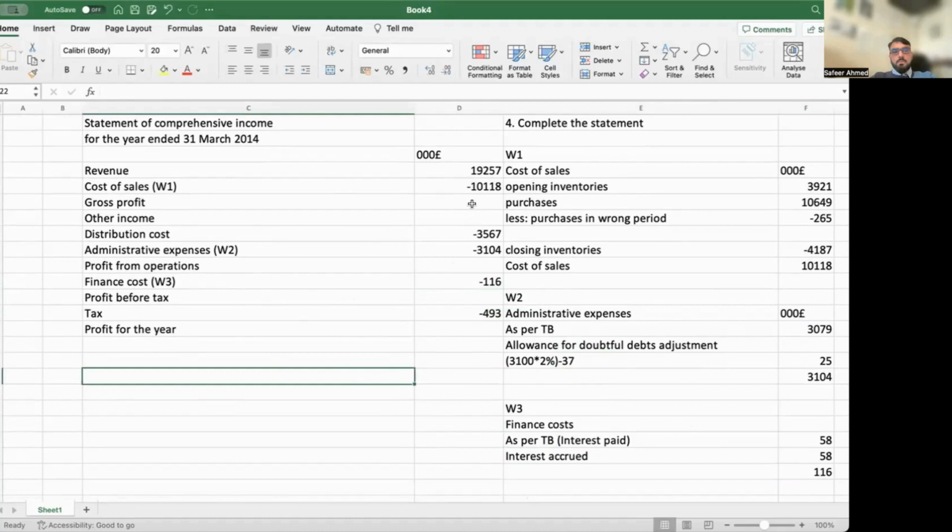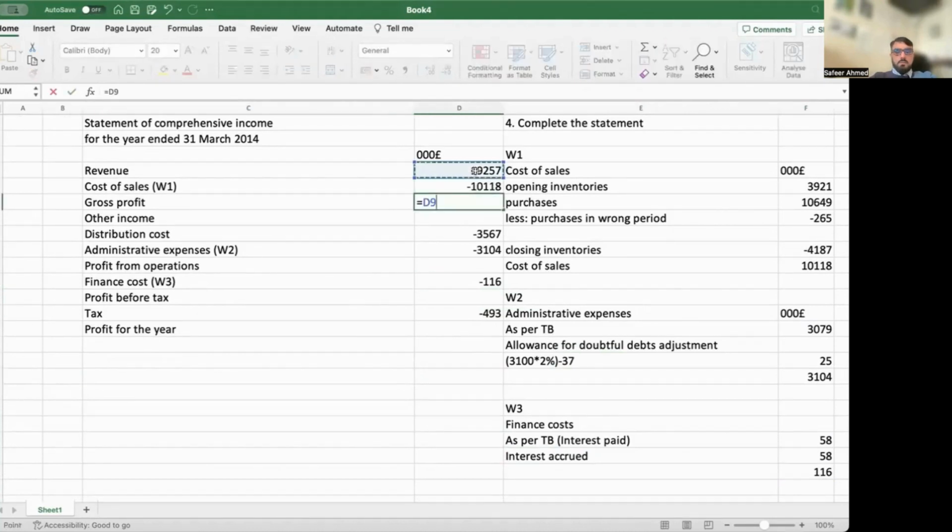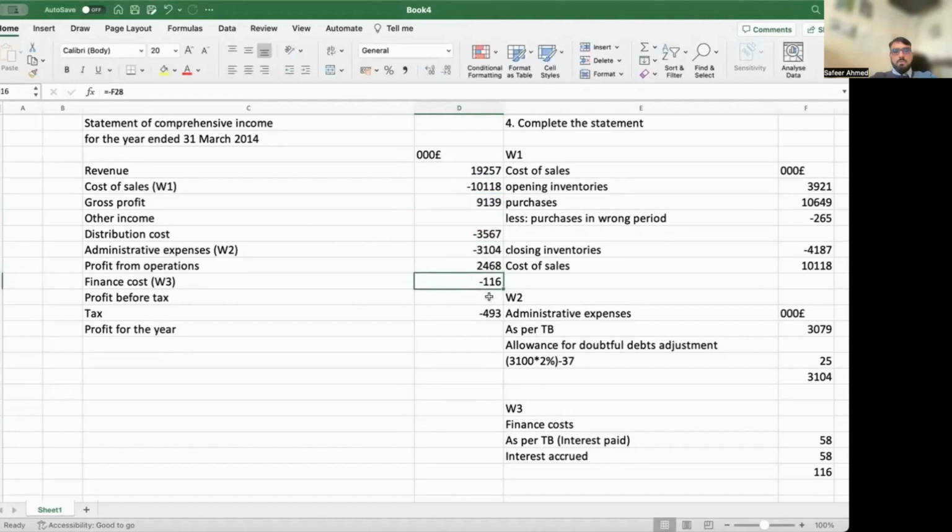So all we have to do is revenue minus cost of sales gives us gross profit. There's no other income in this question. So what we can do is gross profit minus distribution costs minus admin expenses, which gives you profit from operations.